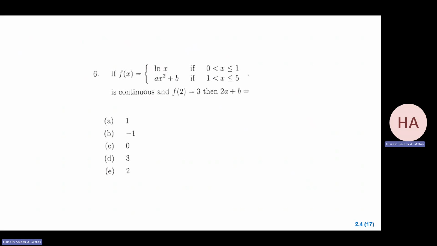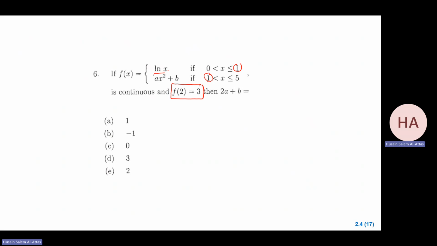Okay. Same idea. f is continuous, and f of 2 equals 3, then 2a plus b. Okay, he gave me another piece of information, f of 2 equals 3. That helps. Now, what I have is only one change of the function.